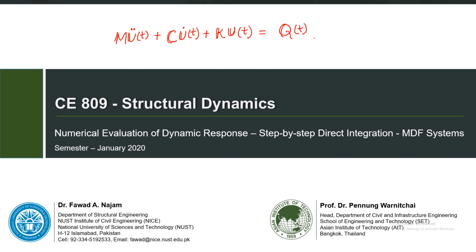So the solution of this equation, the matrix equation, and the order will be number of degrees of freedom by number of degrees of freedom. The solution will be performed using numerical technique, using direct integration.